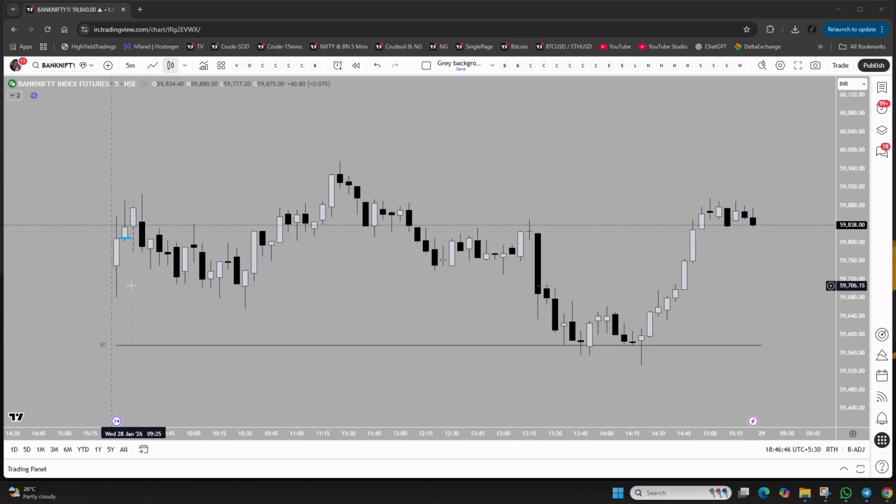The opening price is 59,810, and we are aiming for 59,910, right? The high was 59,890, the next candle 59,880, the next candle 59,906, and after that it started falling. So the max it went was 59,906, which is roughly 96 points.